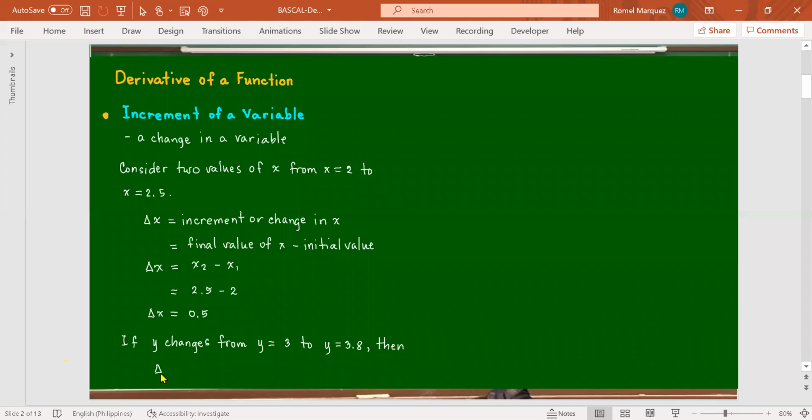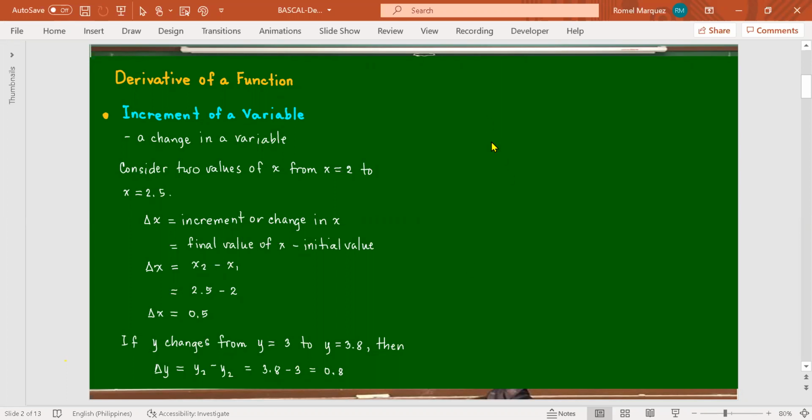The change in y, delta y, is equal to y sub 2 minus y sub 1. What is my y sub 2, guys? 3.8. Am I correct? What about my initial value? 3. Therefore, my delta y is 0.8. Okay? Is that clear, guys?